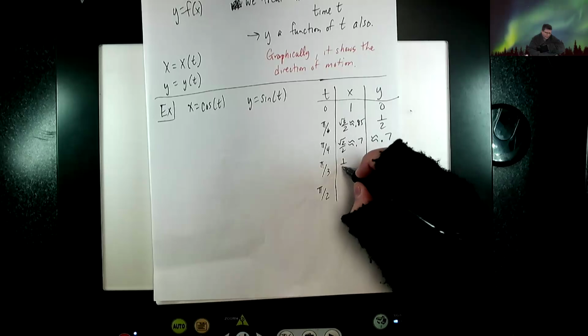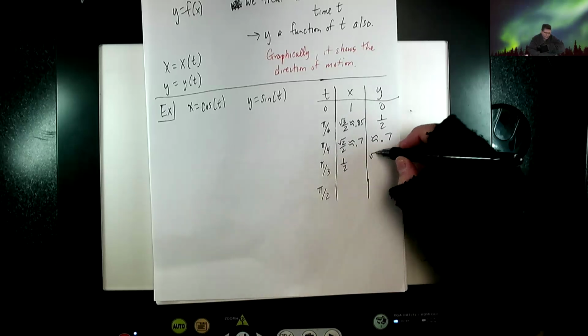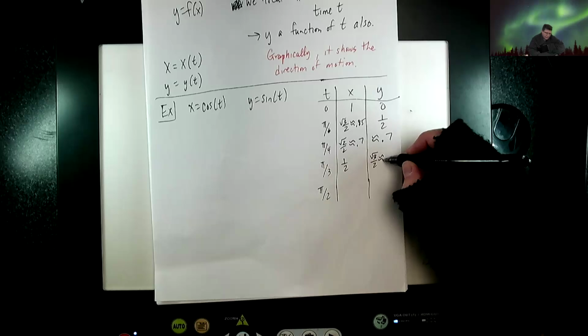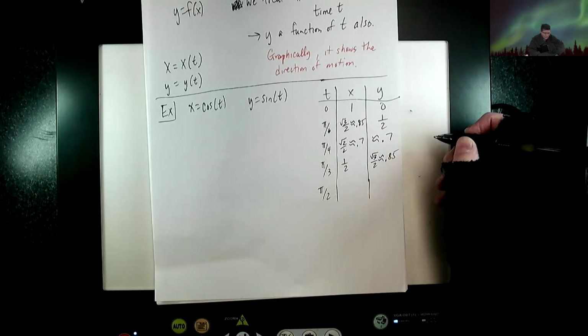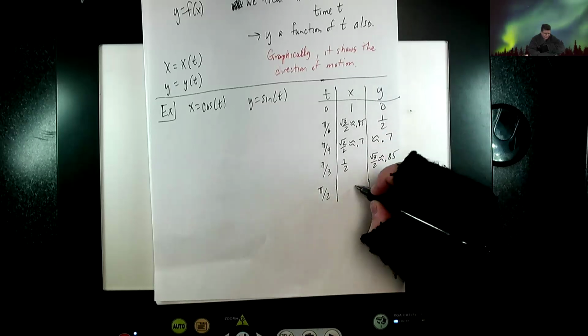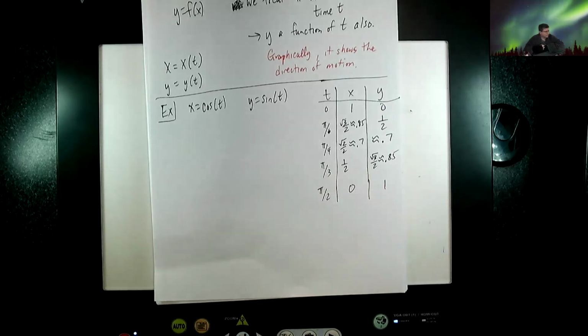Pi over 3 gets us 1/2 on this one, and root 3 over 2 on this one. And pi over 2 gets us 0 and 1. This is the table you learned in trigonometry, if you took it. We just didn't use t, we used theta, right?